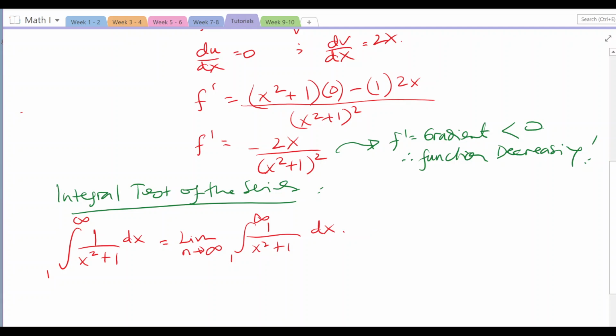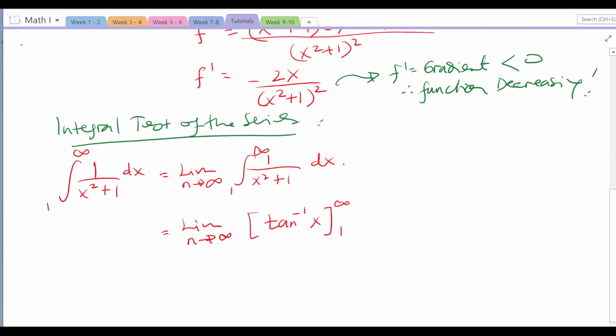So if you check any textbook, the integral of 1 over x squared plus 1 is simply inverse tan, or arctan x. So we have the limit as t approaches infinity of inverse tan x, from 1 to infinity.